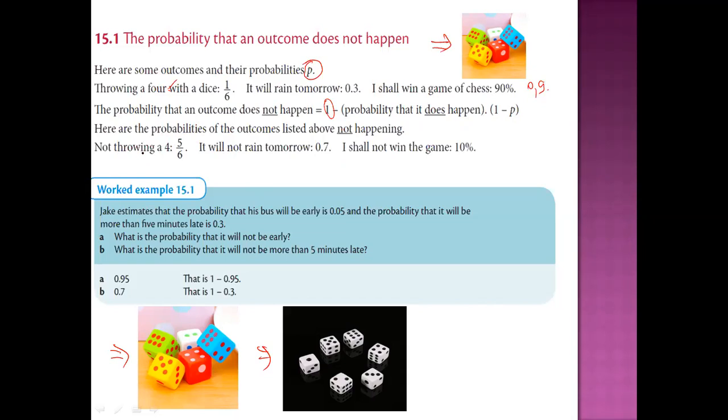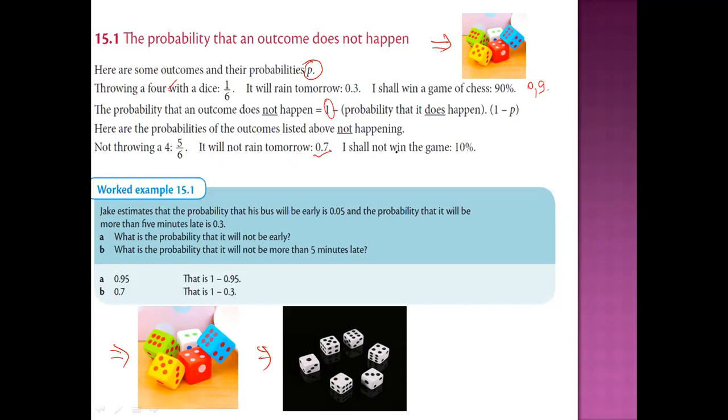For example, not throwing a 4 is 5/6, and it will not rain tomorrow is 0.7, because 1 minus the probability that tomorrow is raining, 0.3, is 0.7.